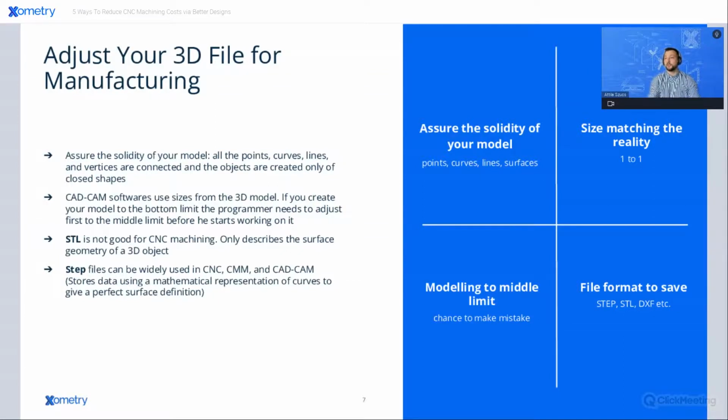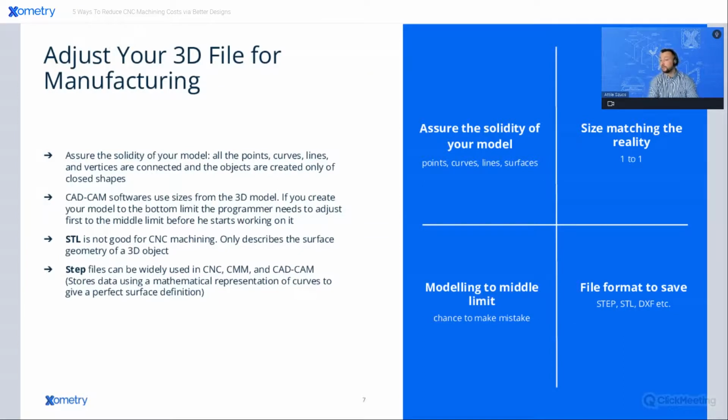So they have to go back to the CAD/CAM program, adjust your model, redo the programming and remake the manufacturing. This is obviously a waste of time, which could be avoided at the beginning of modeling. It's quite important, and also they may miss something, so there's a chance for mistakes.